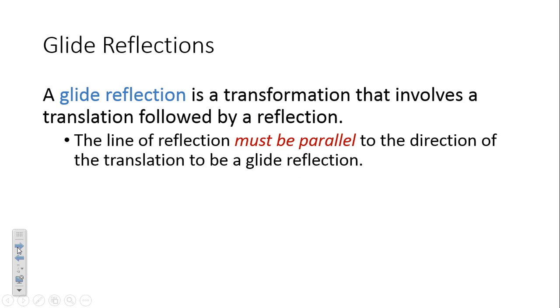All right, next one. A glide reflection is a transformation that involves a translation followed by a reflection. So we're performing two transformations, one after the other. We start with a translation, and then we reflect.